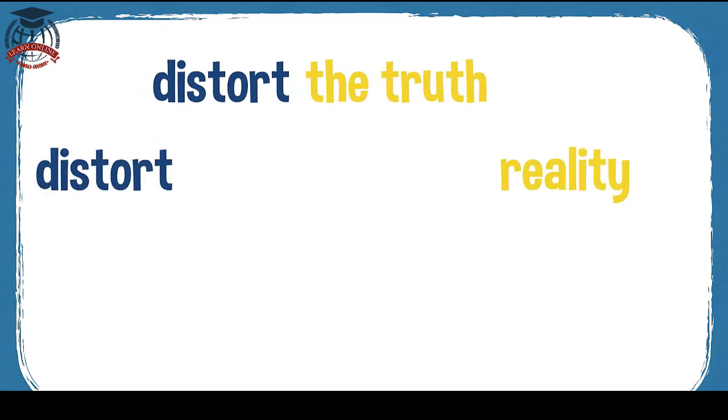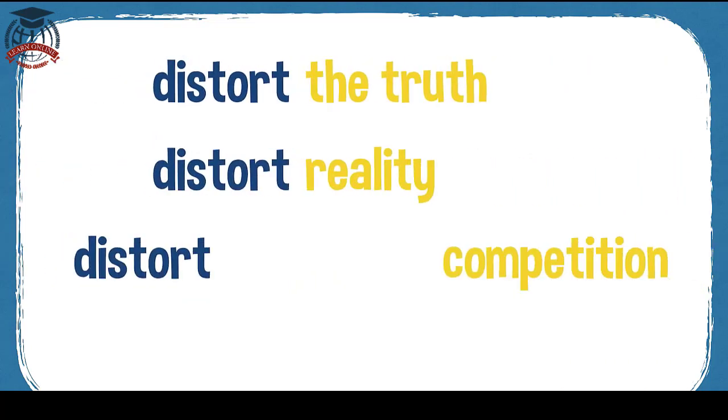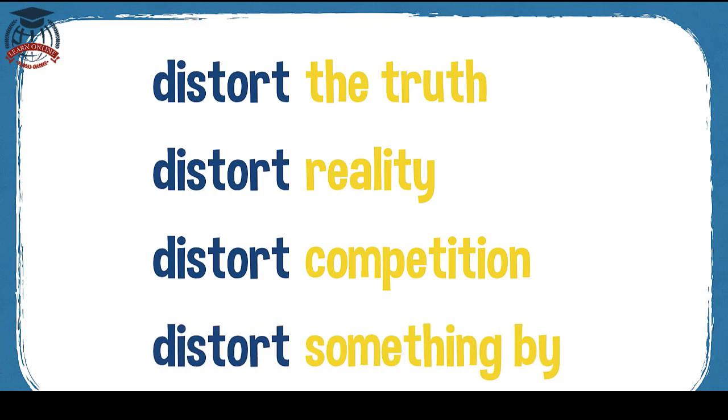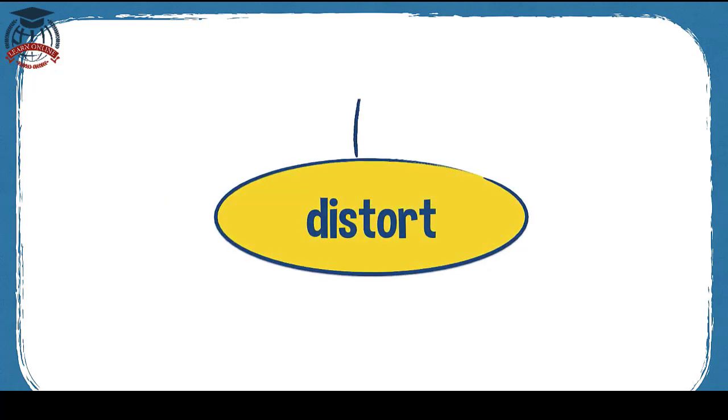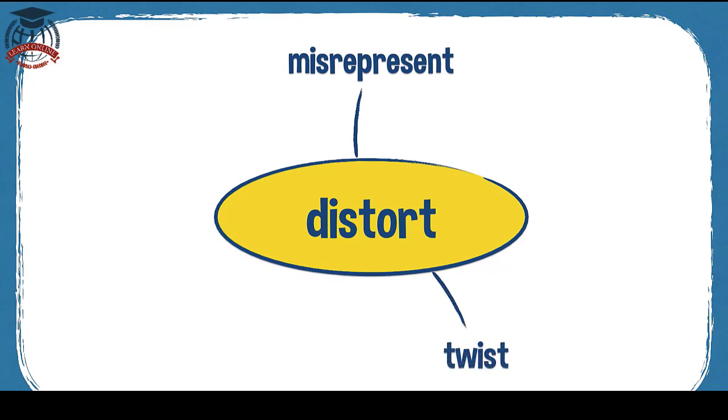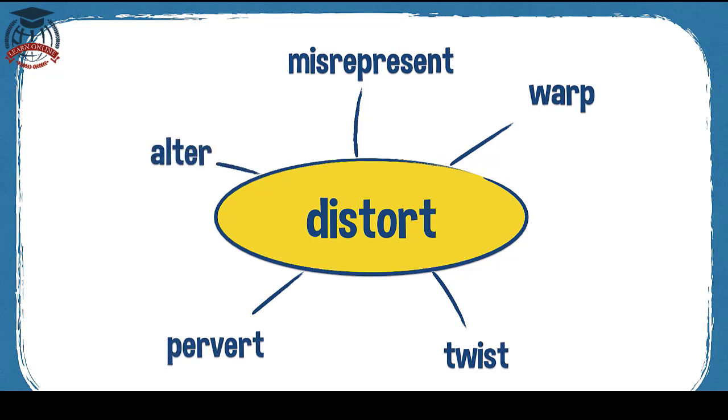So you can distort the truth, distort reality, distort competition, distort things by doing things, by lying sometimes. And as a verb, distorts, distorting, distorted. And the noun form is distortion. Some synonyms for distort: misrepresent, twist, warp, pervert, alter.